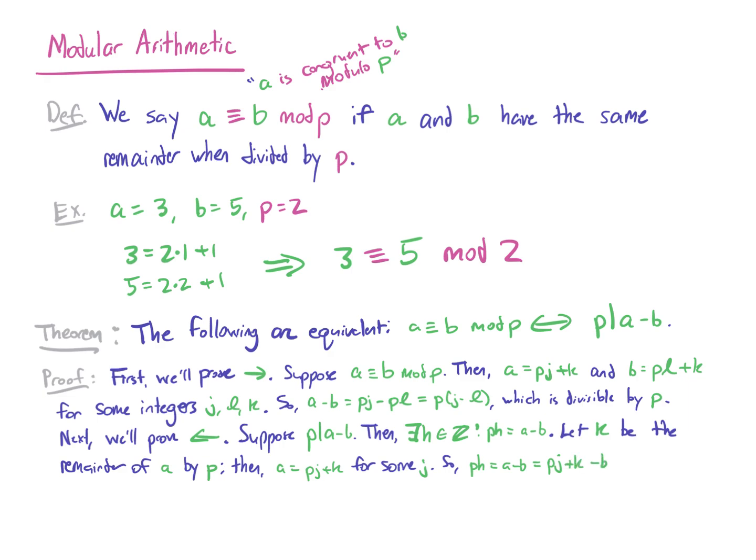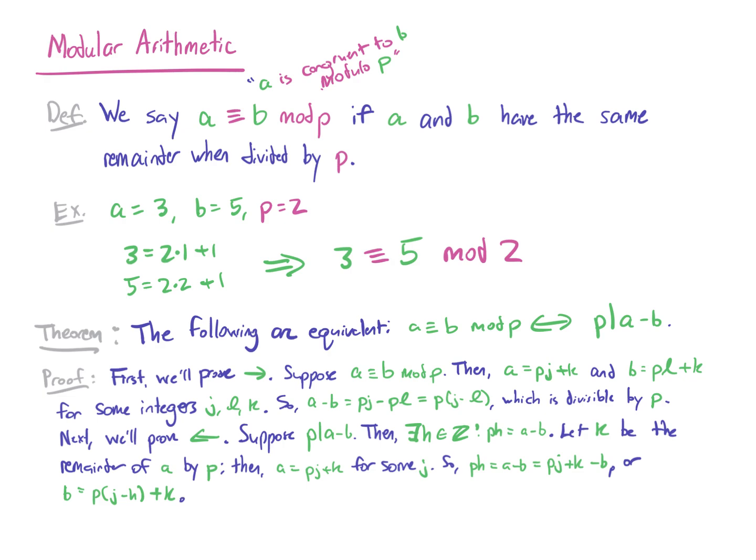We've just substituted in our expression for a. And if we rearrange this, we'll find that b is equal to p times j minus h plus k.